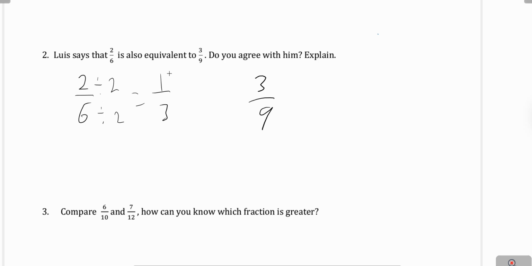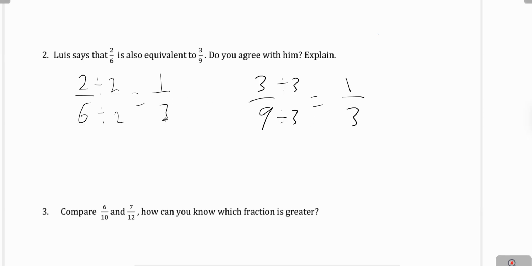We saw that already. Now let's see what happens here. Should we divide this by 2? No, because 3 doesn't go into 2. But we can divide it by 3. 3 goes into 3, and also 3 goes into 9. Whatever you do to your numerator, you have to do to your denominator, and whatever you do to your denominator, you have to do to your numerator. 3 divided by 3 is 1, and 9 divided by 3 is 3, because 3 times 3 is 9.